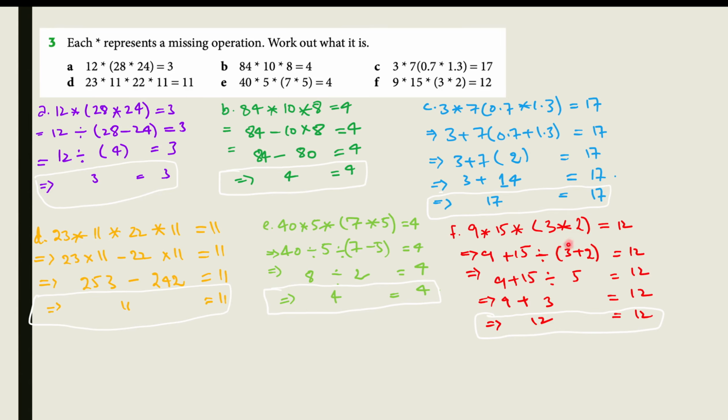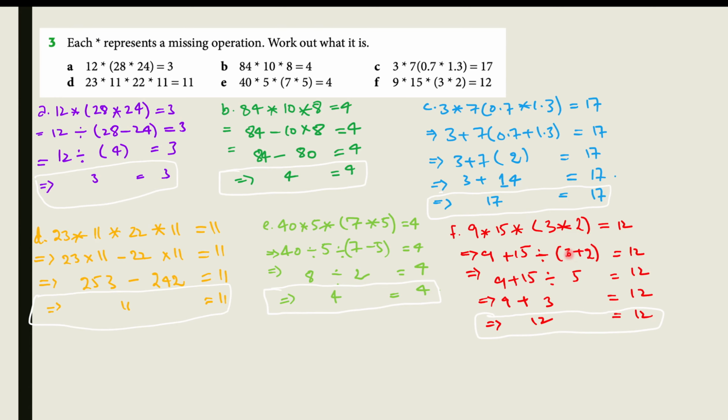So we start with guessing the operation in the parentheses first, because we solve this one first. The order of operation has to be considered and implemented in order to guess the right operation in here. So again, it can be 3 plus 2, 3 minus 2, 3 multiplied by 2, or 3 divided by 2. If we do the division, we are going to get decimals, so multiplication, subtraction, and addition are considered.